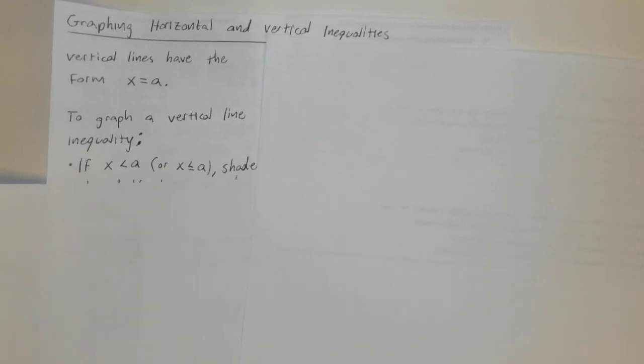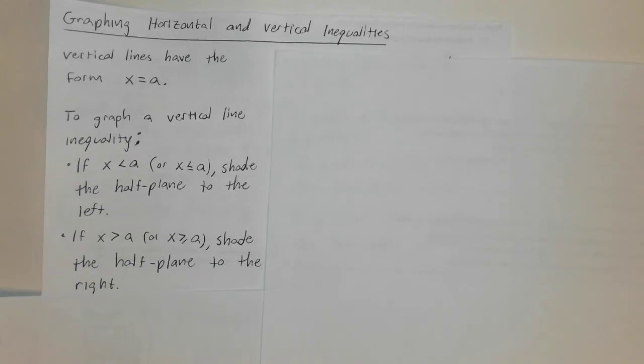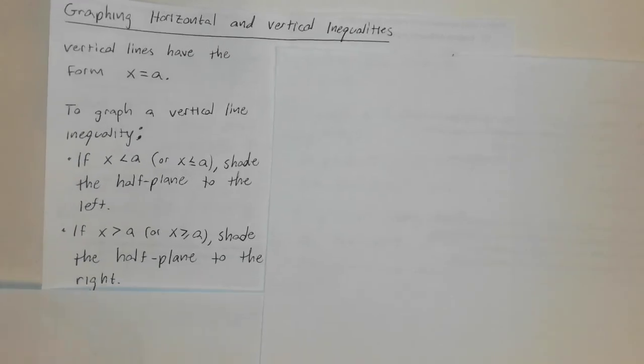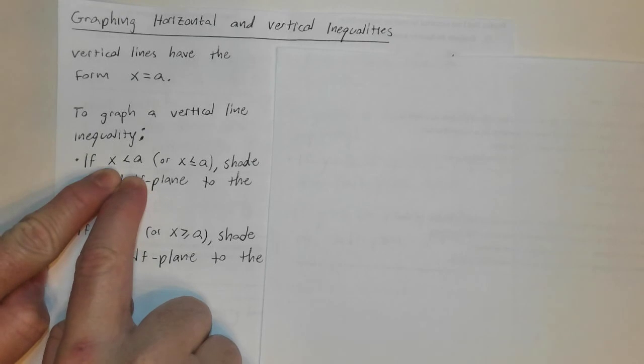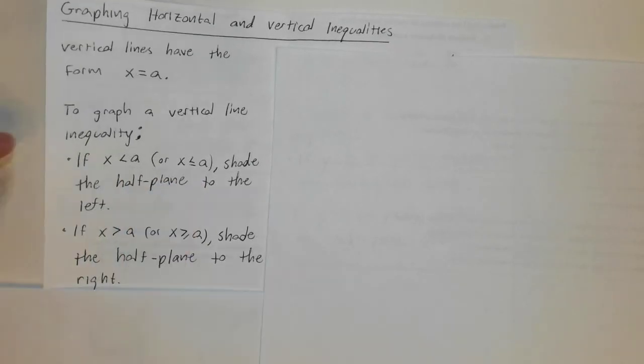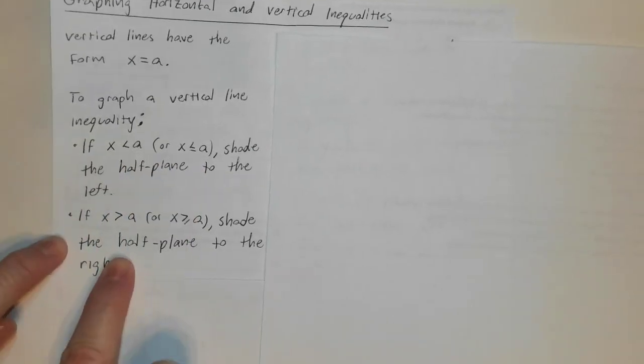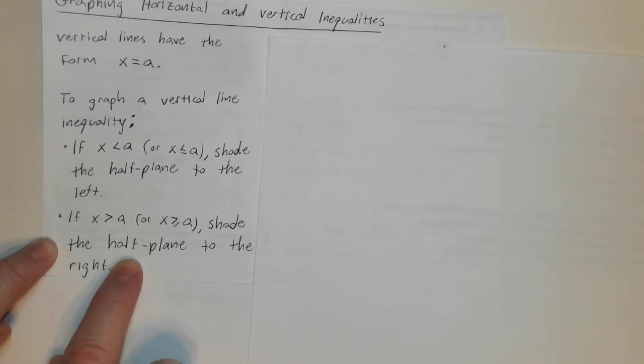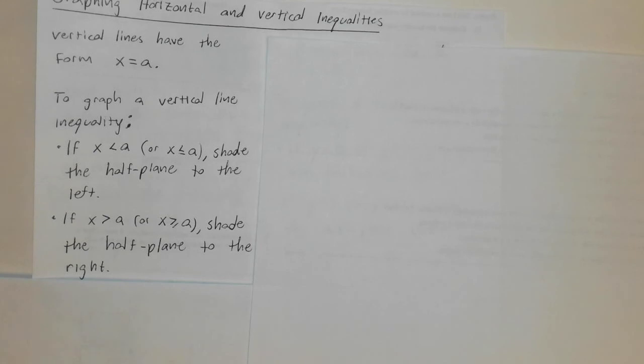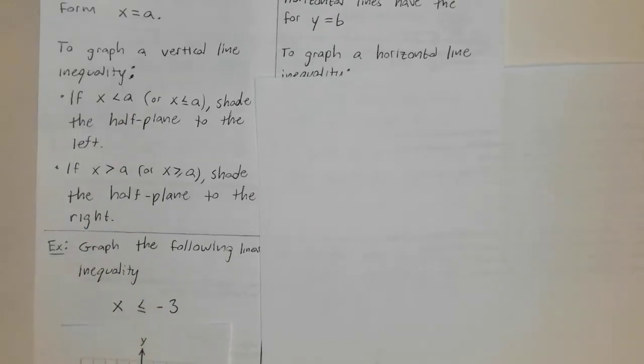To graph a vertical line inequality, we have two things to think about. One, if x is less than a or x is less than or equal to a, we shade the half plane to the left. Obviously, if it was less than, we use a dotted line, and less than or equal to, a solid line. However, if it's greater than a or greater than or equal to a, we shade the half plane to the right. That's it.